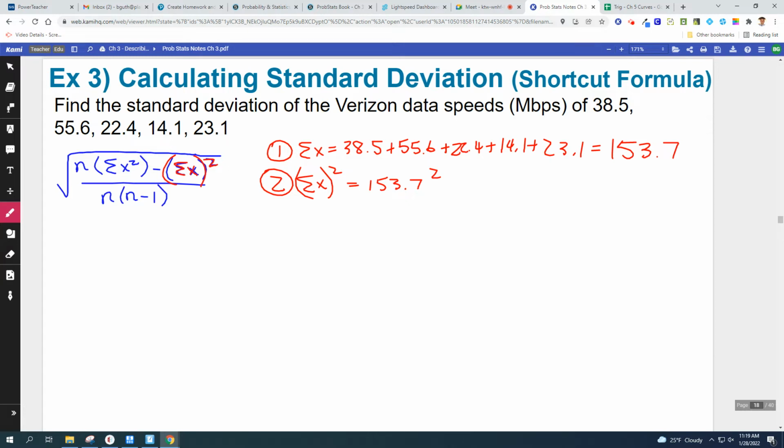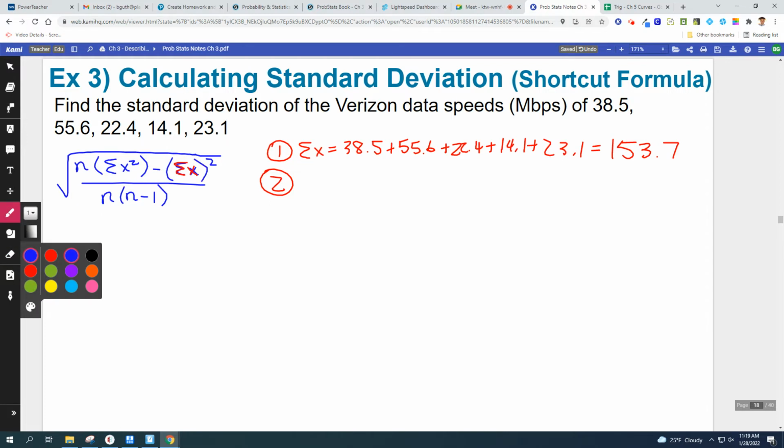I jumped the gun a little bit. That is going to be in my formula, but we're going to save that for later. That's an easy calculation. I just messed that up. All right. Sorry about that. We will get there, but I don't want to do that next. Okay. I actually want to do this part.